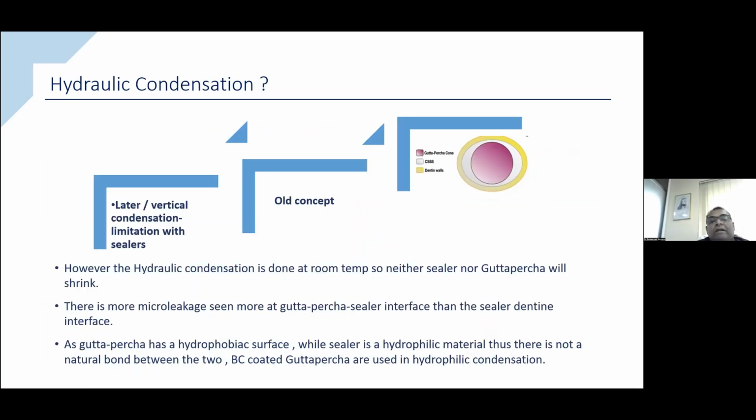As the gutta percha is hydrophobic on its surface, while the sealers are hydrophilic materials, no natural bonding takes place between the gutta percha and the sealer, as they are different. One is hydrophobic and one is hydrophilic. So nowadays we have BC coated gutta percha used in hydraulic condensation.